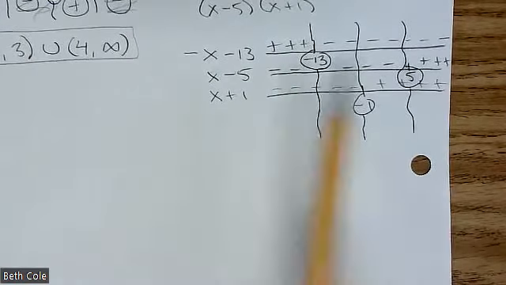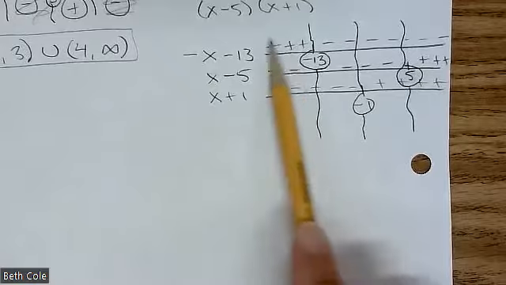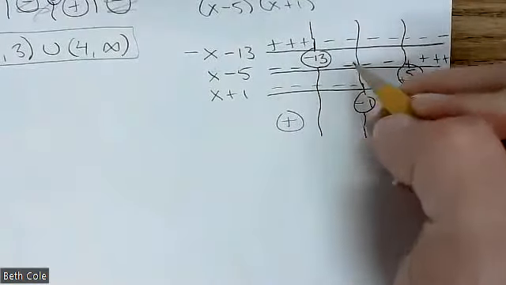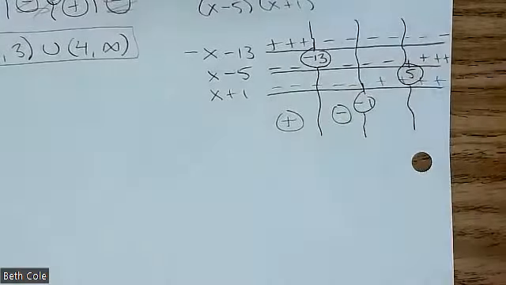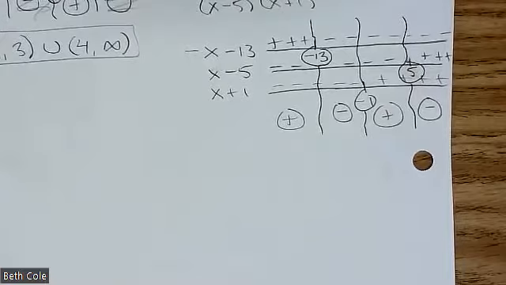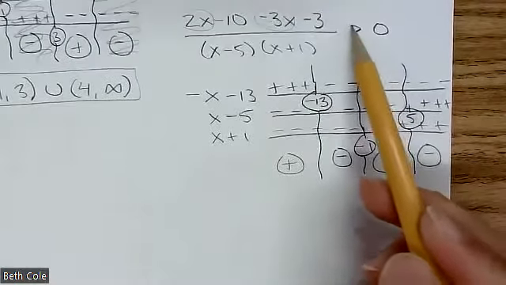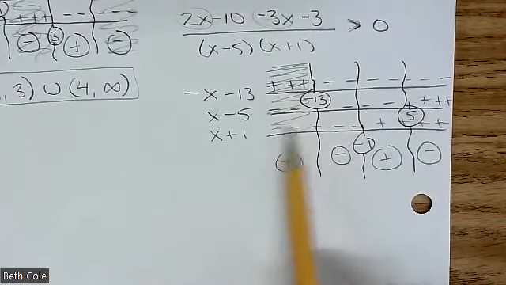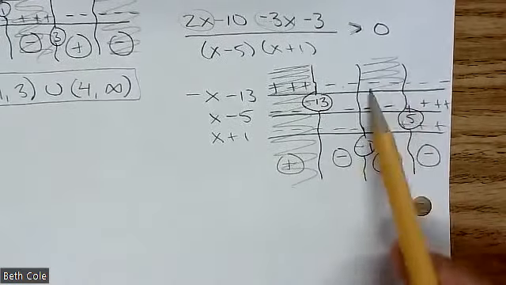And then fill in your signs. What's the overall sign for the first? It'll be positive. Negative times negative times negative would be negative. Yeah, and it's going to alternate. And then which sections do you want? It says greater than 0. So we want the positives. That's this one and this one.